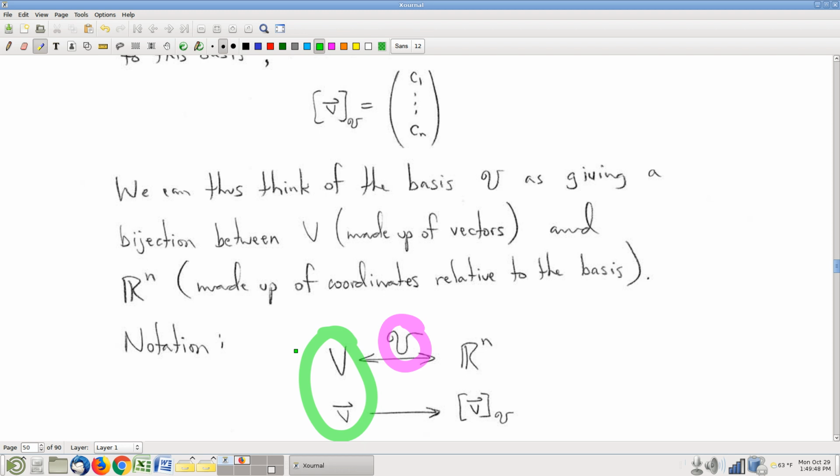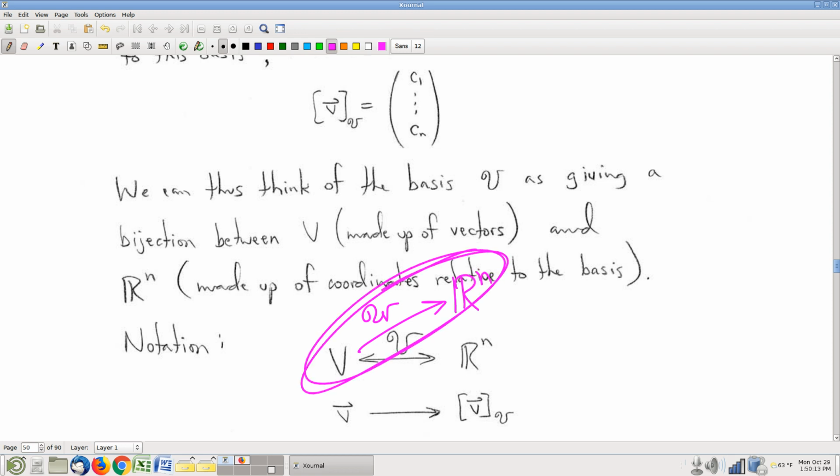Now, quick observation. Notice that if you were to use a different basis here, suppose I were to use a different basis instead of the V basis, some other basis like W. Well, it would still be the case that for every vector in the vector space, if I want to write a vector as a linear combination of these other basis vectors, of course, I'd get entirely different coordinates.